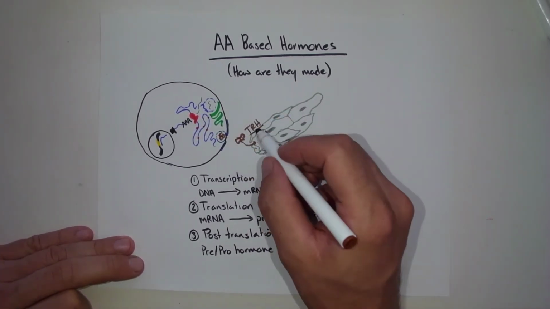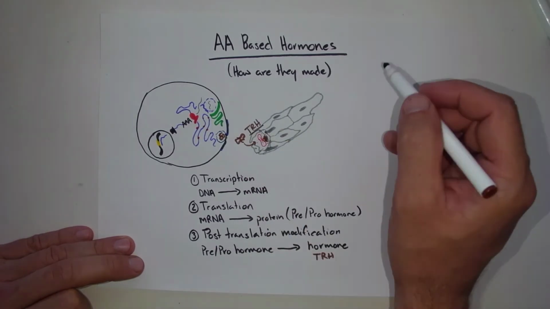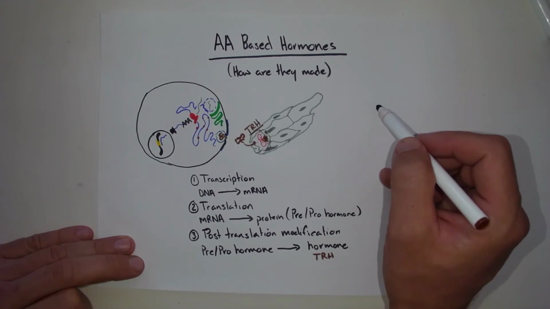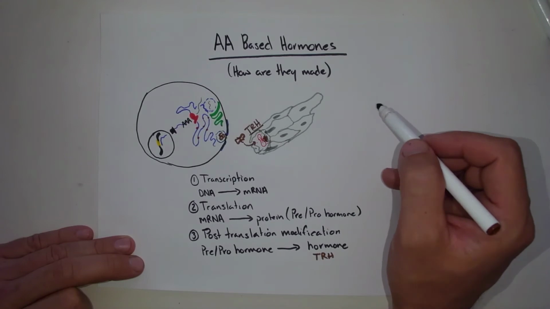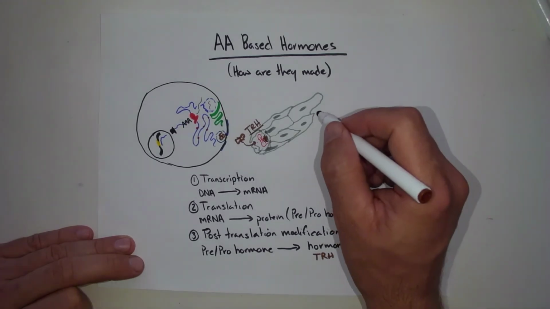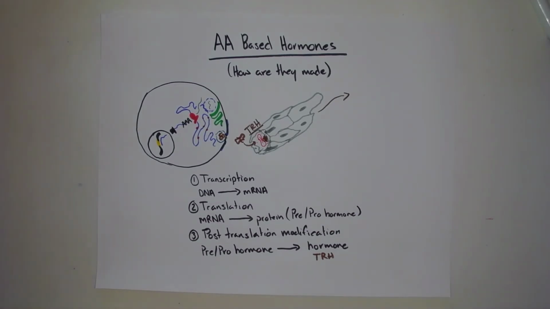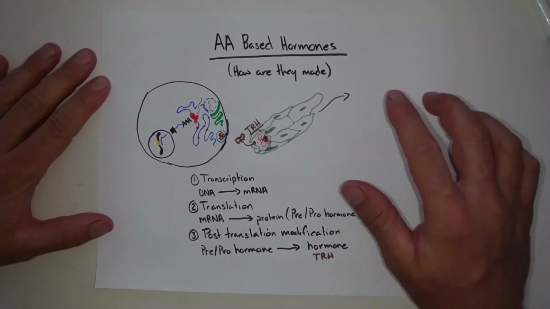TRH is made in the hypothalamus and affects TSH producing cells of the anterior pituitary. It's going to get carried right to that anterior pituitary to have its effect.